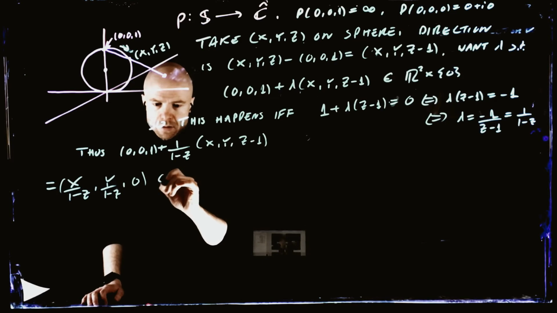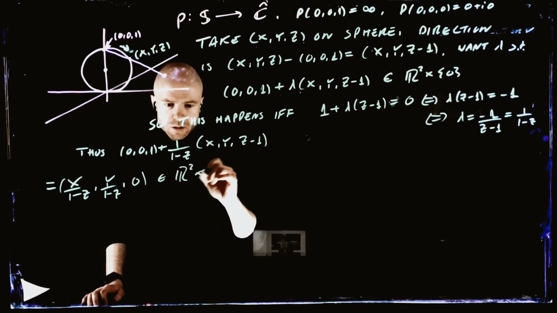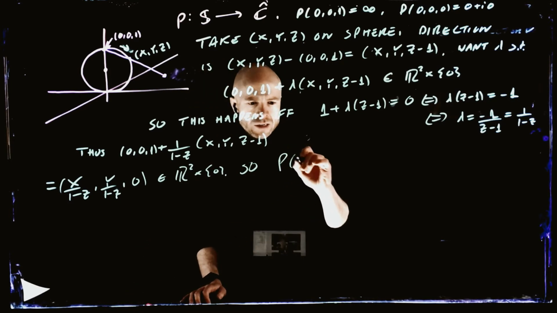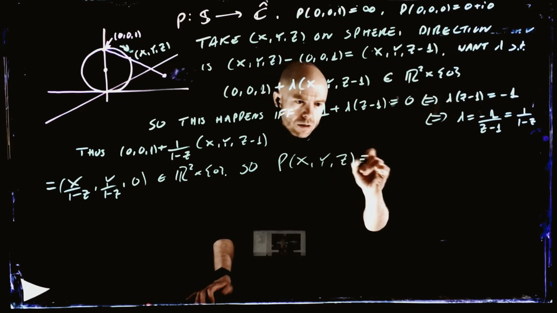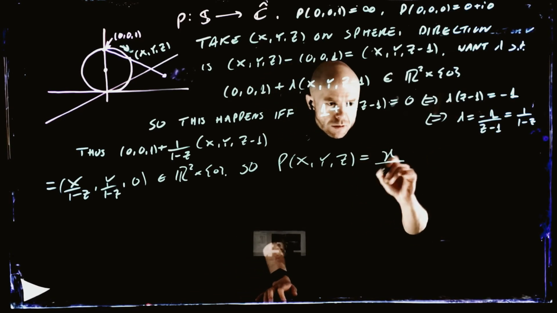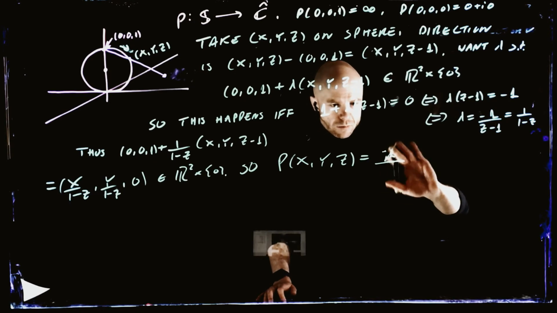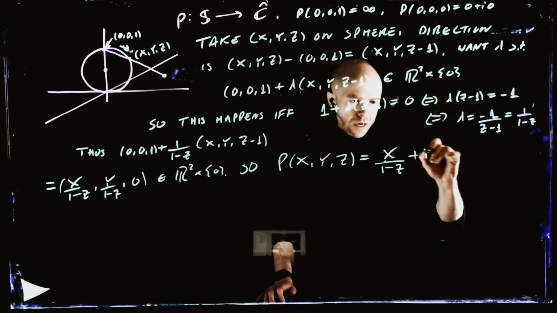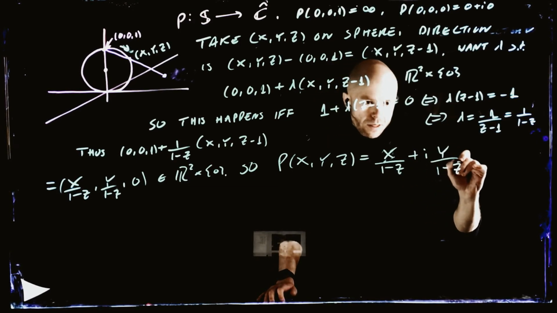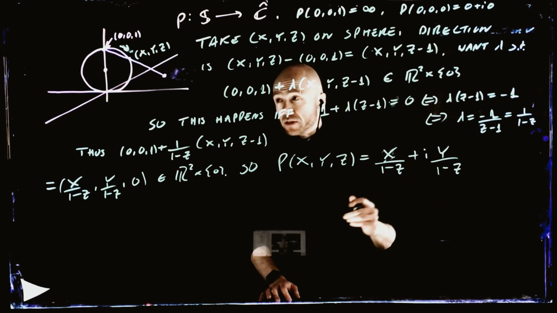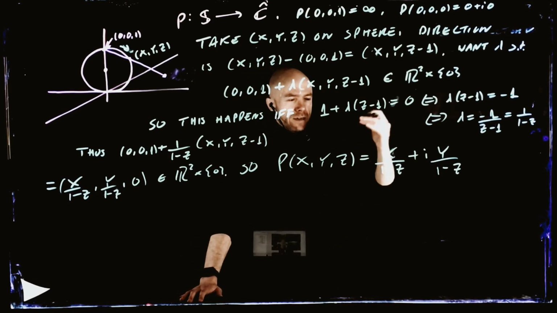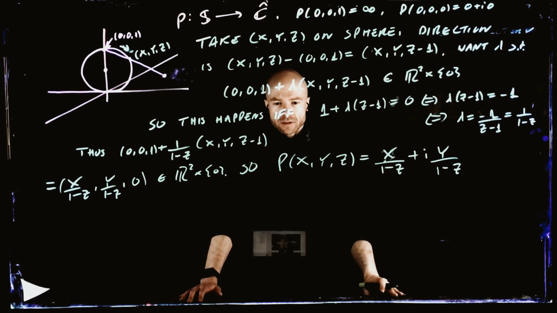And this belongs to, indeed, the complex plane. So our mapping, we can explicitly write it now as x, y, z goes to capital X over 1 minus z plus i times y over 1 minus z. It's not that hard, after screwing it up, to come up with an explicit expression for what this mapping is.